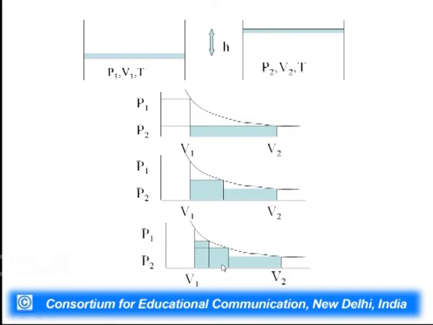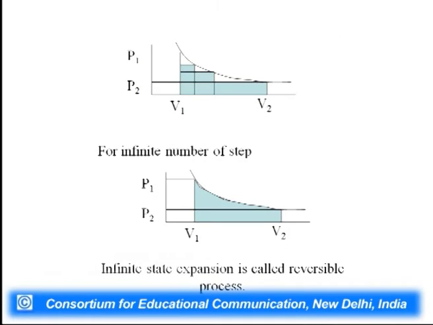It means there is more work done if you carry out the same process in 3 different steps. Suppose I carry out the process in a larger number of steps. In that case, your whole area will be equal to the work done, and that is the maximum work which you can get from a system.